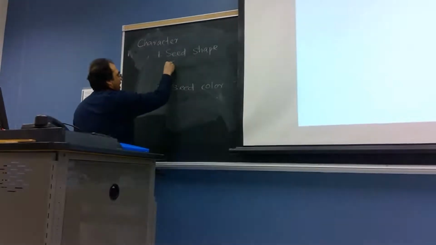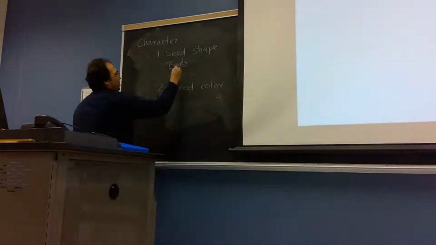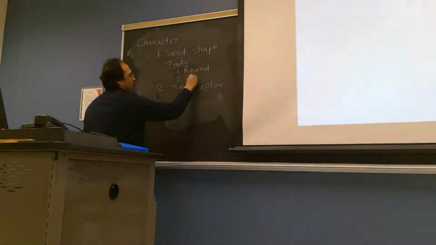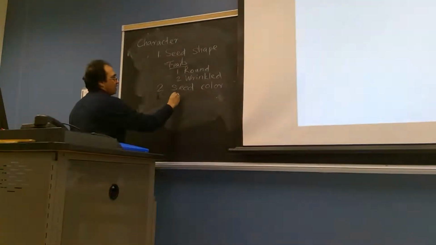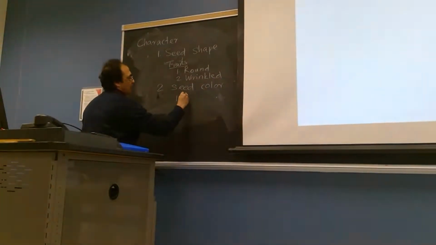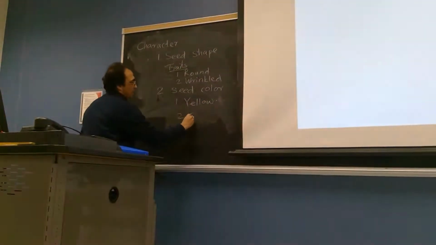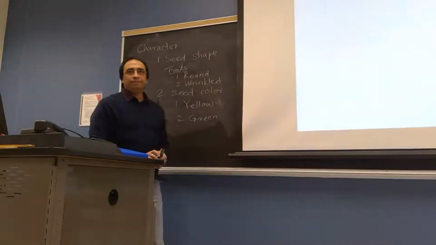Traits for the first character: the first trait is round, second is wrinkled. For the seed color, the first trait is yellow and second trait is green. Okay.